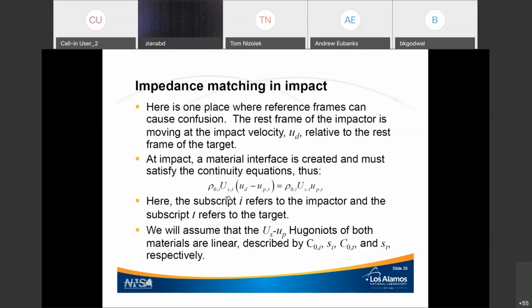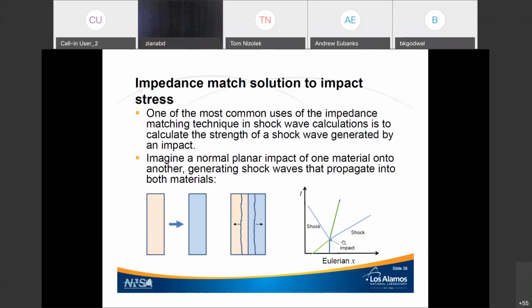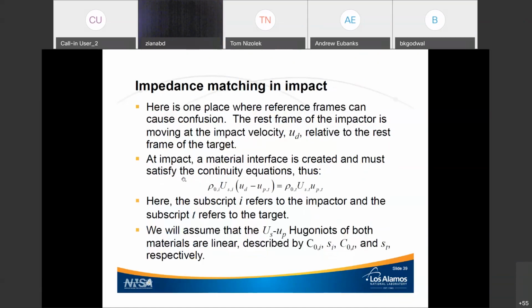This is usually done in the rest frame of the unshocked target. So just as here, our target is at rest, it's not moving until impact occurs. These equations are set up in that reference frame.